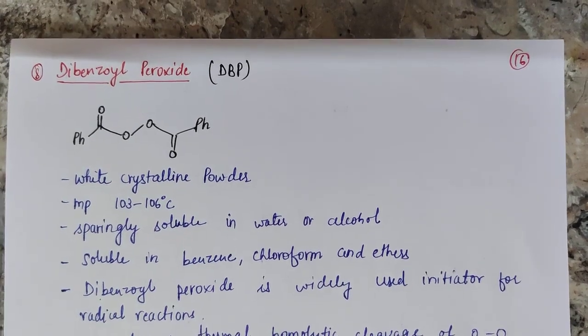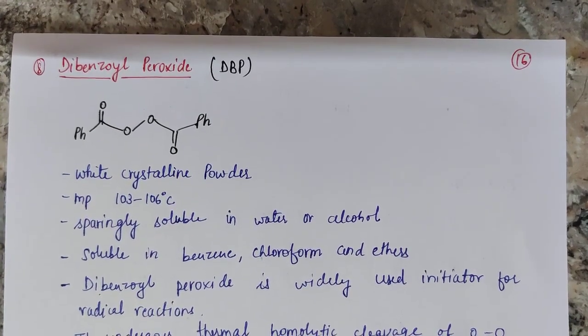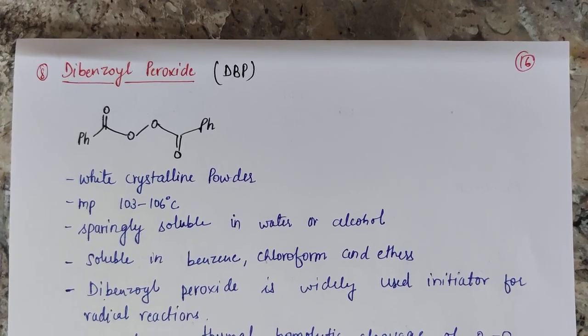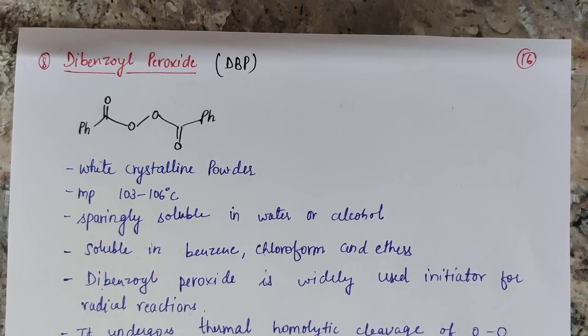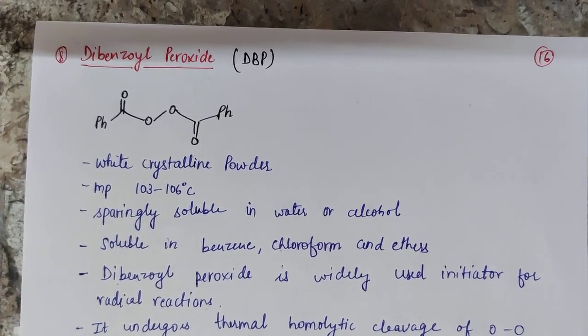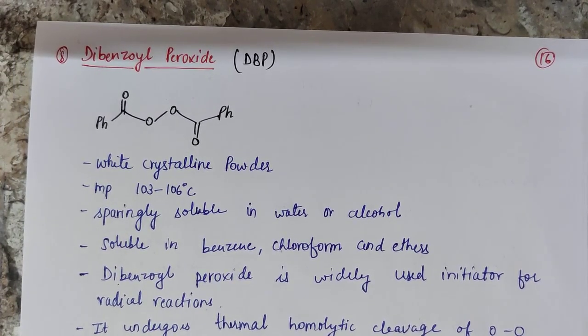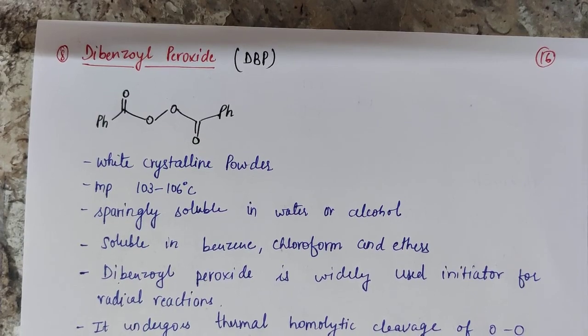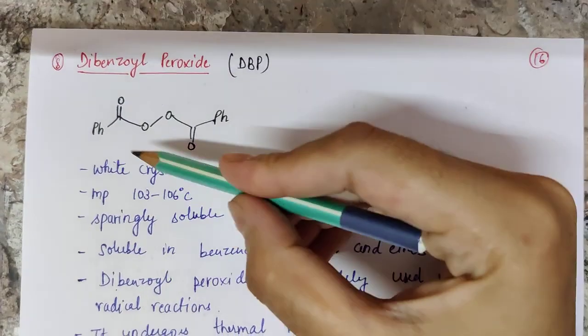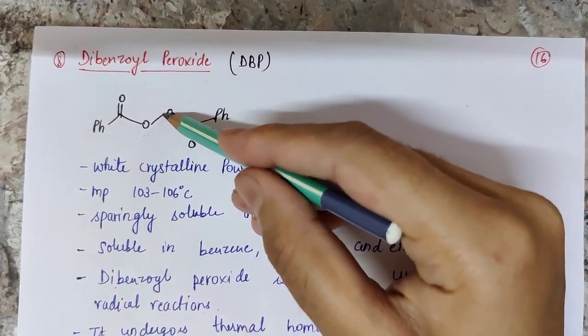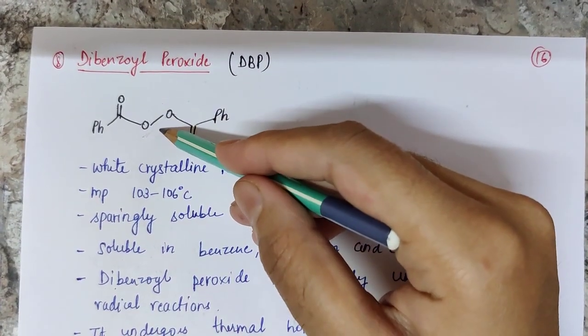The last oxidizing agent that we have to study is Dibenzoyl peroxide, DBP. Dibenzoyl peroxide also contains a peroxy group. So the mechanism is similar. Cleavage of this bond is possible.